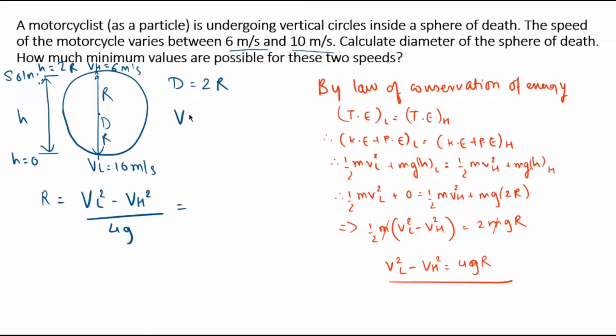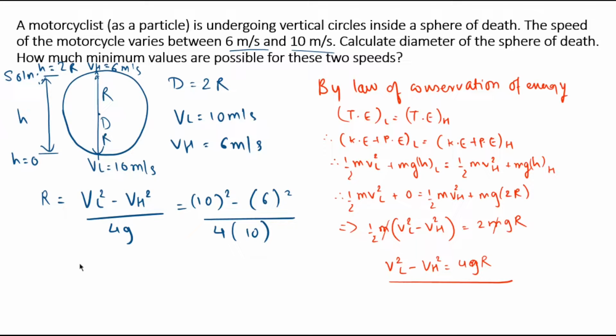Now substitute the values. We know that vL is equal to 10 meter per second and vH is equal to 6 meter per second. So 10 square minus 6 square divided by 4 times g. Let's take g as 10. So this will become 100 minus 36 divided by 40, which will be 64 by 40.